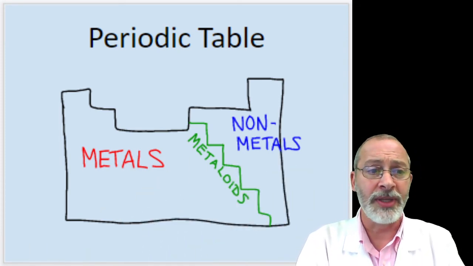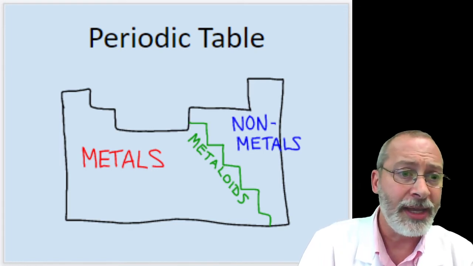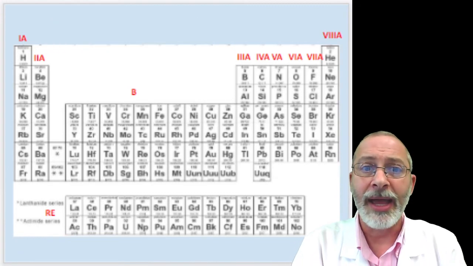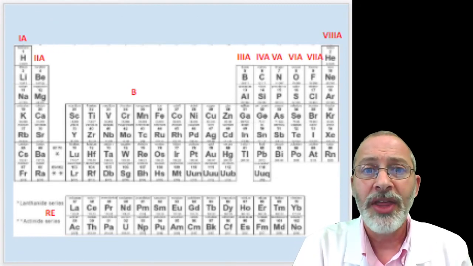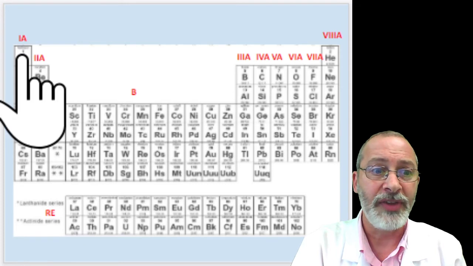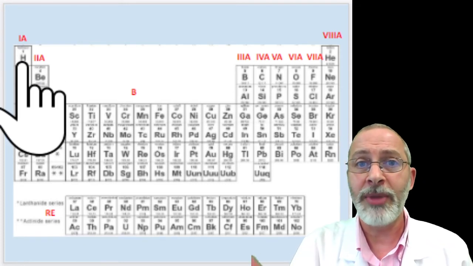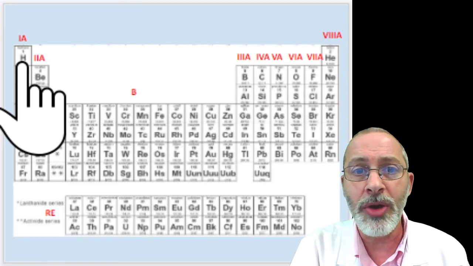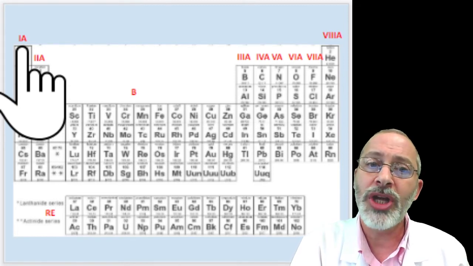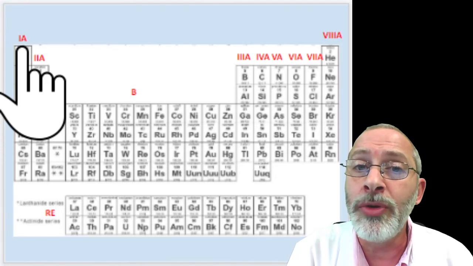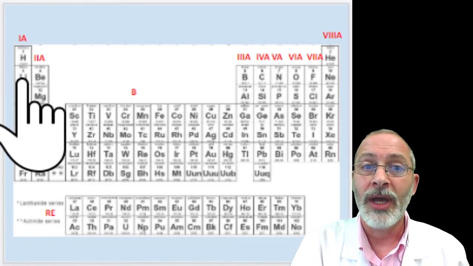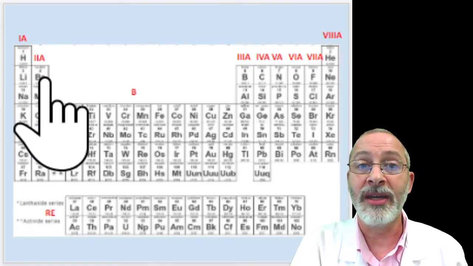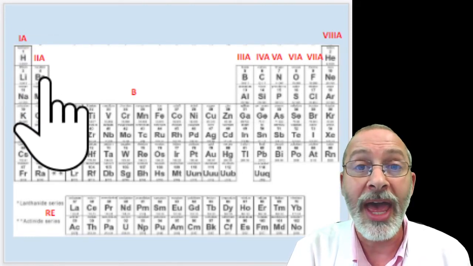A couple more things and then we'll be finished up. In the periodic table in your book, I want you to notice the titles of each of the families. You may have to turn the page to see the periodic table in your book, but notice that on the top of each column should be placed Roman numerals and letters. On top of the first column, group 1A. Second column, group 2A.